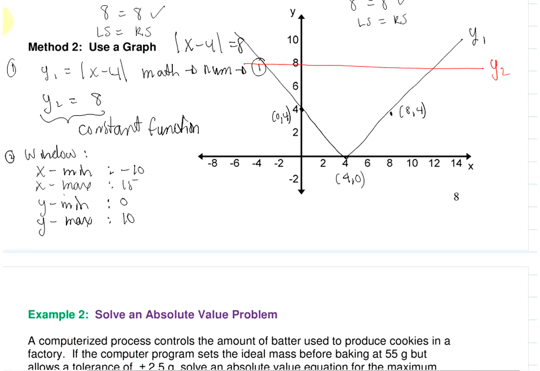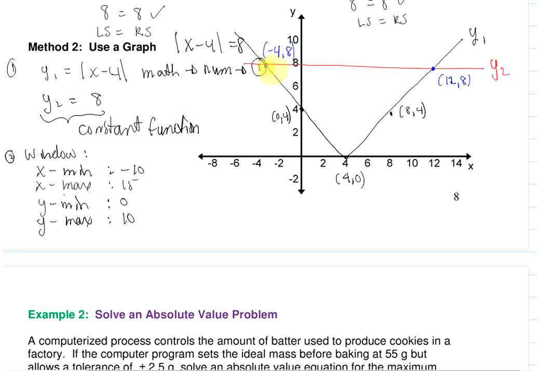What we're looking for are our points of intersection. We will have one here and one here. You're going to find that the one on the right intersects at 12 and 8, and the one on the left intersects at -4 and 8.